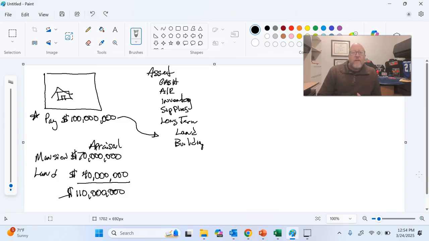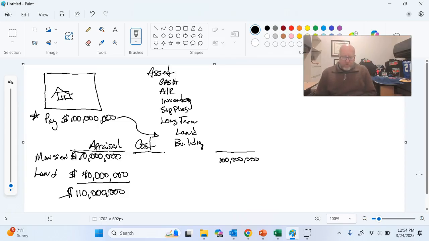So we have to unfortunately undo this because that's not right. What I need to do is say, okay, the total of both can only be 100 million. And how do I deal with that when 70 million is for the mansion and 40 million is for the land? What I can do is figure out what percentage the mansion is relative to the total value of the assets.